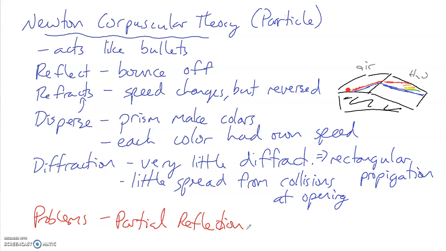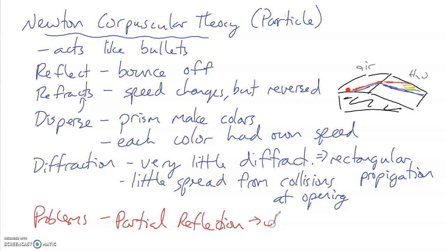There's always partial reflection. He had trouble explaining it. He could explain pretty much everything else, the reflection, refraction, dispersion, diffraction, no problems with that type of stuff. But the partial reflection was hard for him to fully explain.